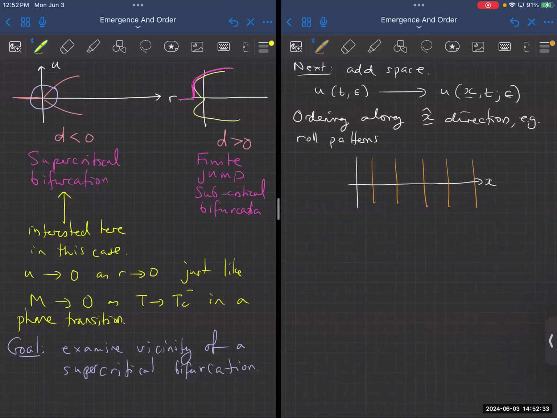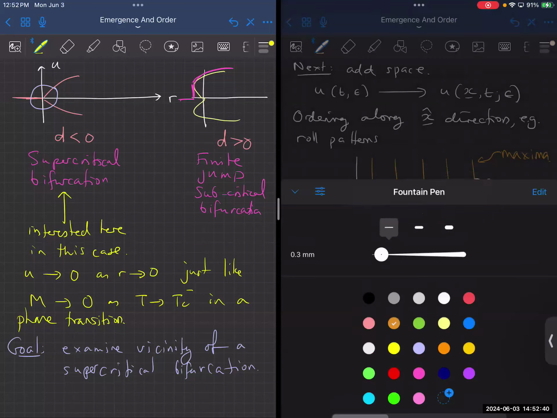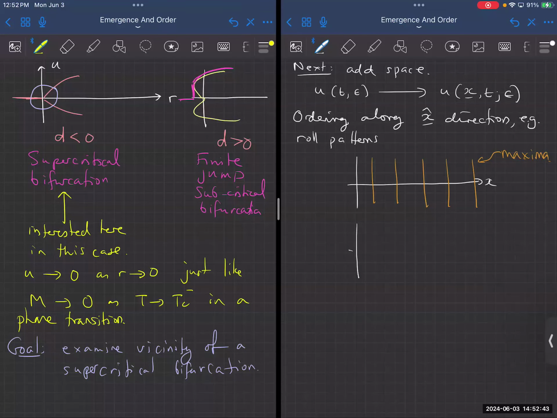So they're like this. And if I were to plot the actual function, it would look something like that. So there's some pattern. So that's the picture that we have in mind.